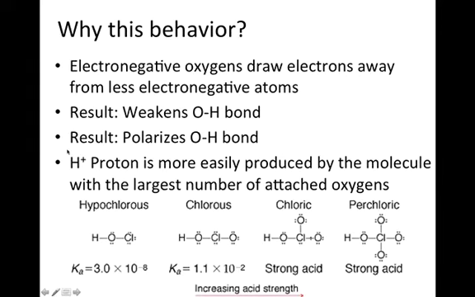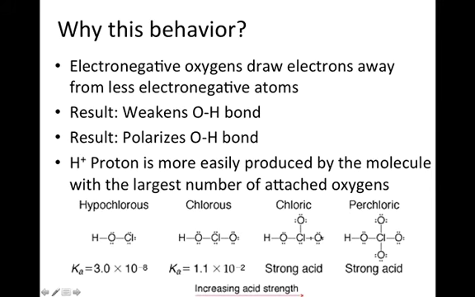Well, here it comes. Hydrogen proton, therefore, is more easily produced by the molecule with the largest number of attached oxygens, okay? Because these oxygens are going to be pulling away. This is super electronegative, right? The difference between hydrogen and oxygen, look at the number.